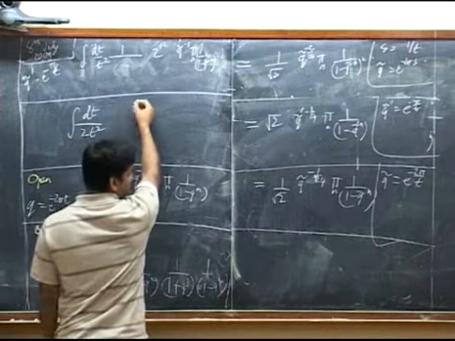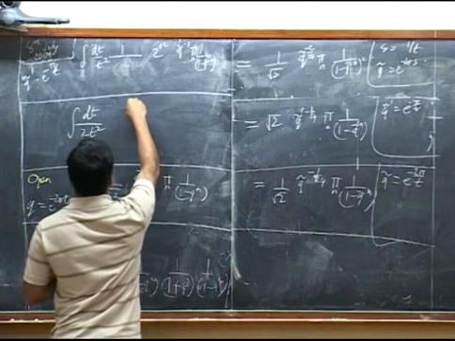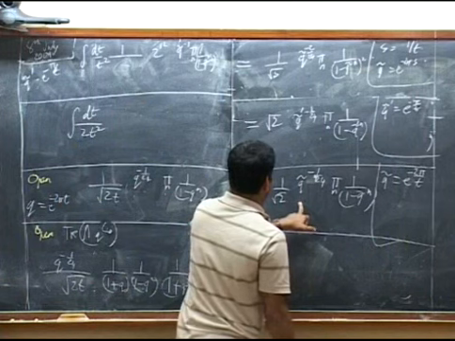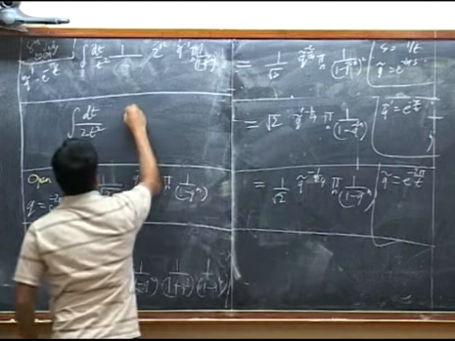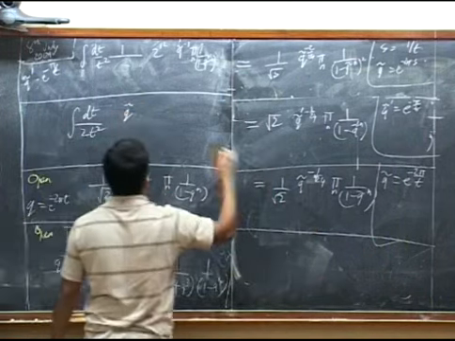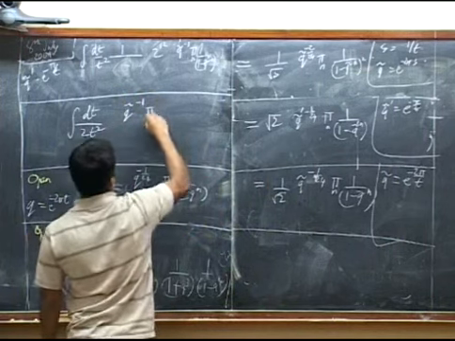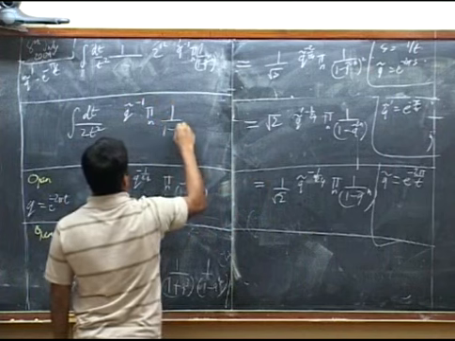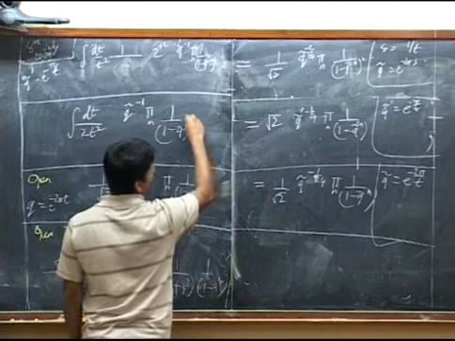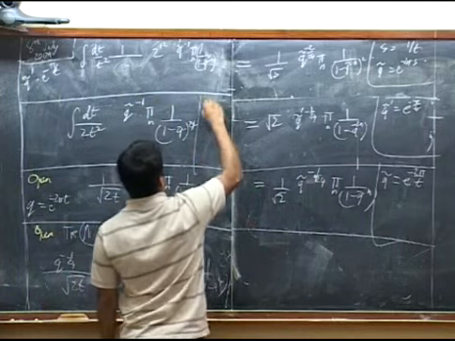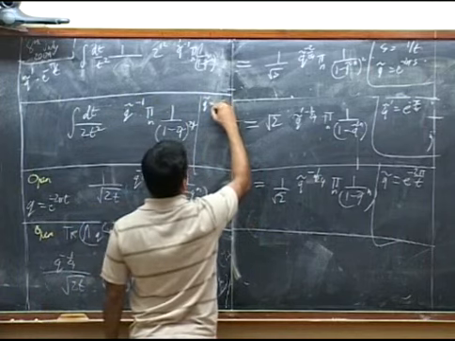times this q tilde to the power minus 1, product over n of 1 minus q tilde to the power n, to the power 24, where q tilde is equal to the exponential.